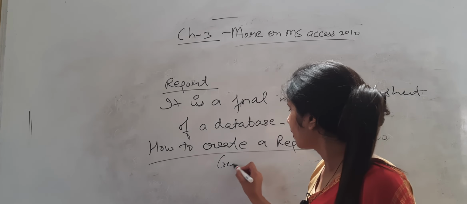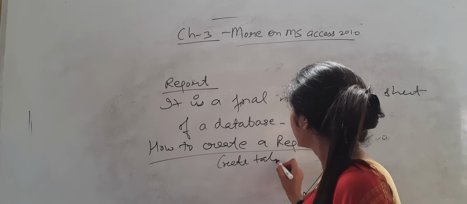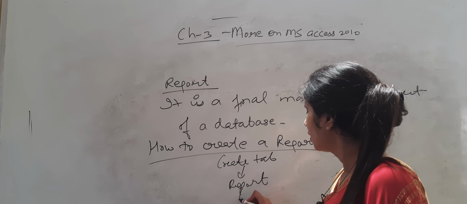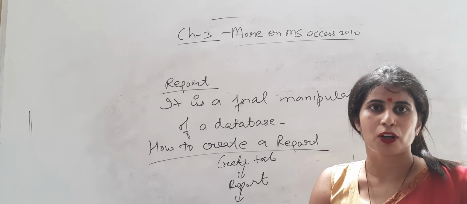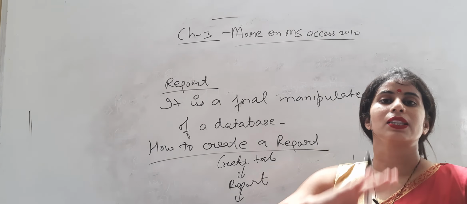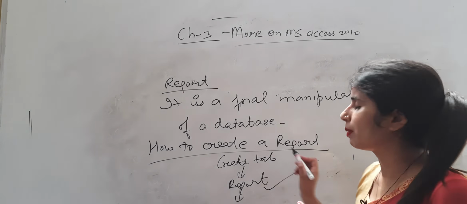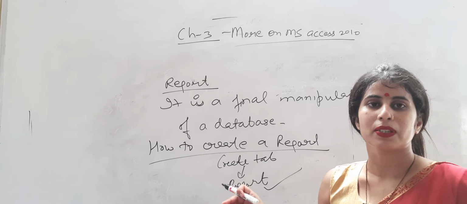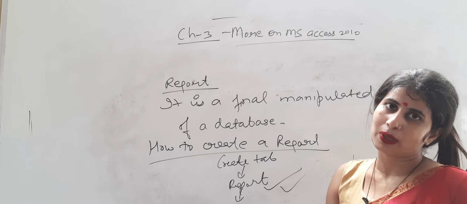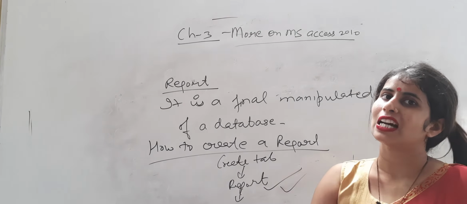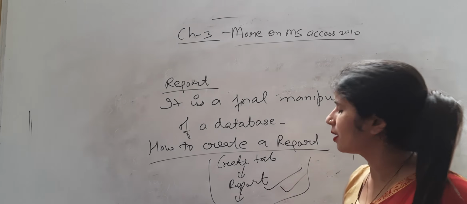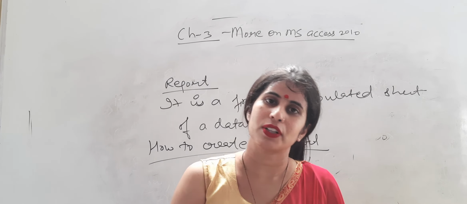So when I click on the report option, suppose 3 tables I have created, all the 3 tables' reports it will show me. Table 1, table 2, table 3. If I have used 4 tables, it will show me 4 tables' reports, and then I can go for the print. Because the final manipulation is done, we can give the sheet for printing.